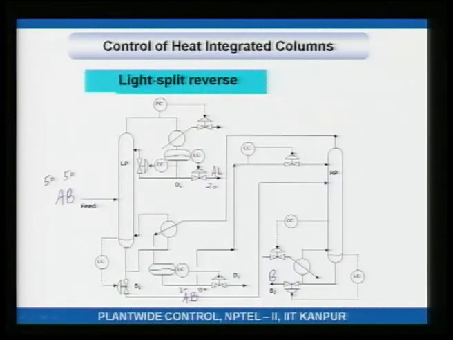You have got a reboiler here, you take out the B down the bottoms with some amount of A impurity. The hot vapor from this HP column is essentially all of the A with some amount of B impurity. It is condensed in this condenser right here. This is where the vapor is condensed, collected in a reflux drum. Part of it is taken out as distillate and the other part is sent back to the HP column as reflux, right.